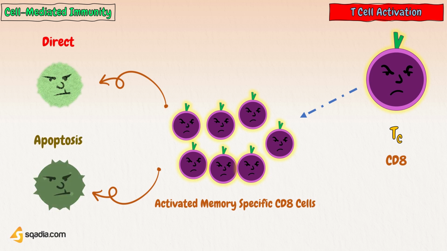They can also destroy virally infected cells by eliciting apoptosis. Since these cells are memory-specific, they help to fight off future infection. We can say that due to the formation of memory cells, a person develops immunity against infections. This ends the cell-mediated arm of the adaptive immune response.